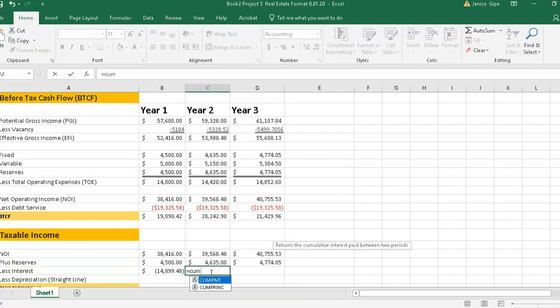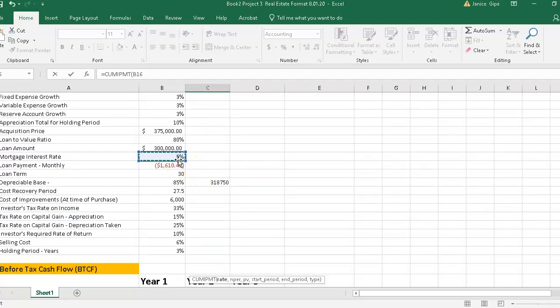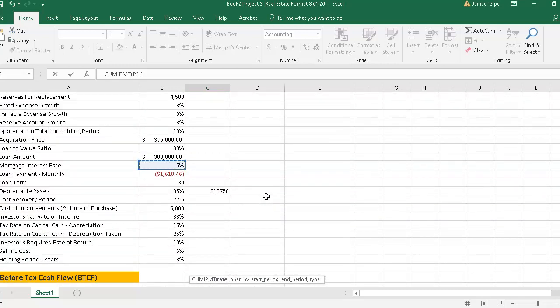So you do your cumulative function again, and your rate, which was 5%, divided by your 12 months, and then you take your term again, which is the 30 years, times 12, and then your original loan amount, and this time you'll take your 13th through your 24th month of payments.